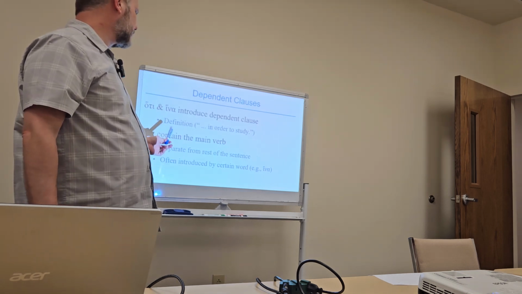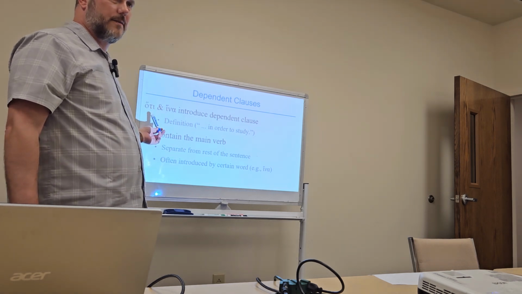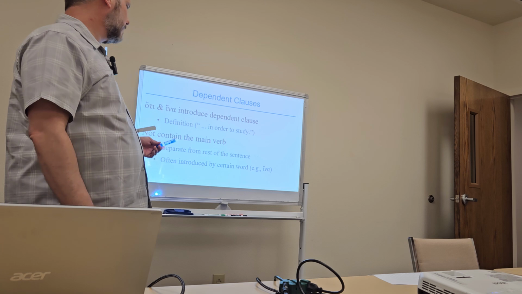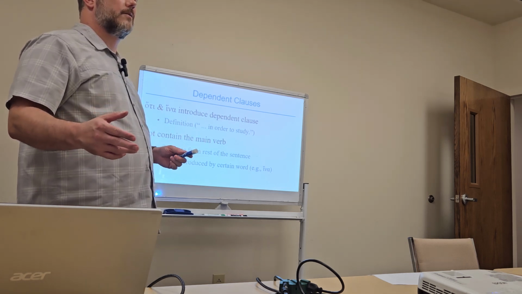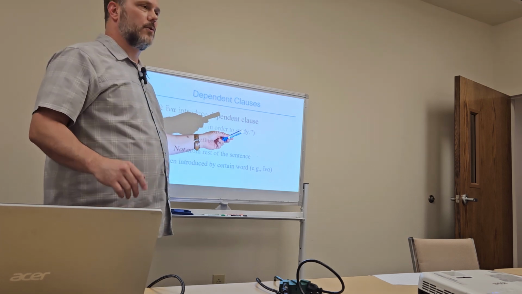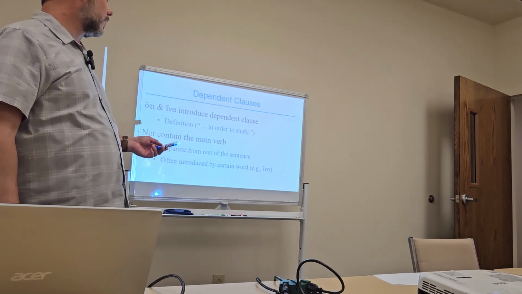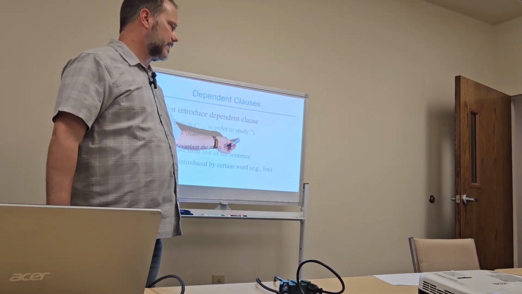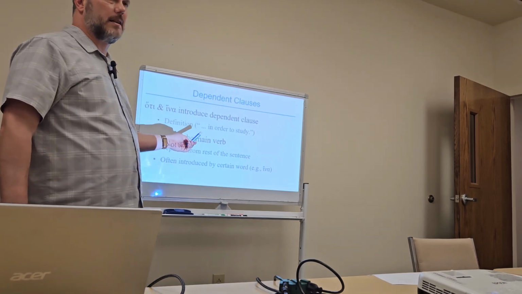Whenever you start seeing this word hoti or hina, in English we'd have a comma, as in: Rachel was shopping for shoes, in order to buy a gift for her father. So the dependent clause would be in order to buy a gift for her father, or in order to study. So anytime you run into hoti or hina, they introduce dependent clauses.